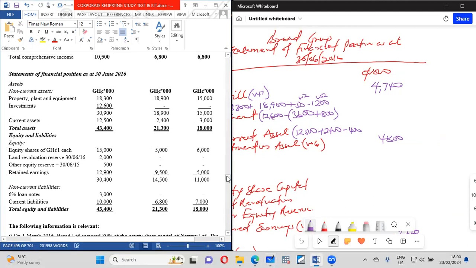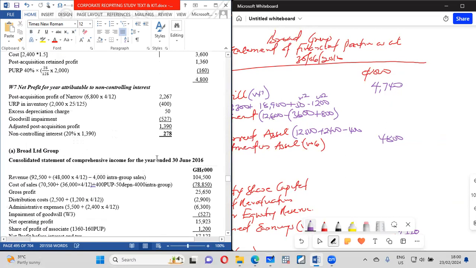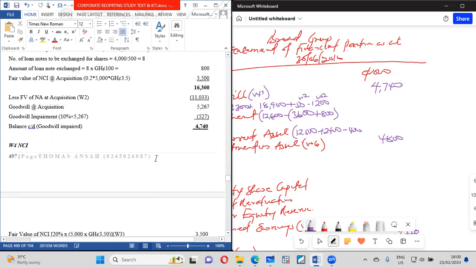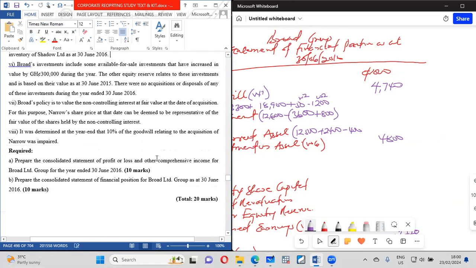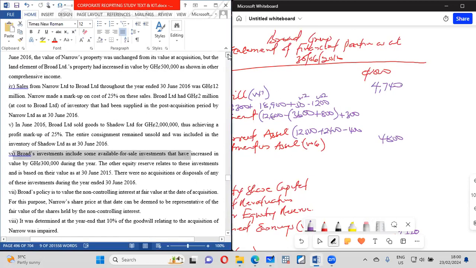So what do we have? There were other investments mentioned. So that is where you see the other ones. Okay, so it's like this one, for example, it says that the value had increased. All right, the value had increased. So if the value had increased, it means that we need to increase the value of this.